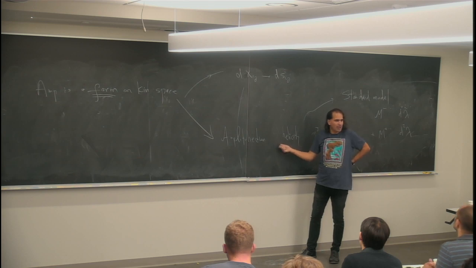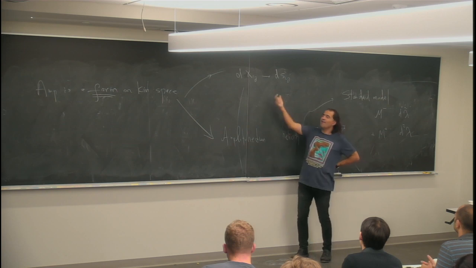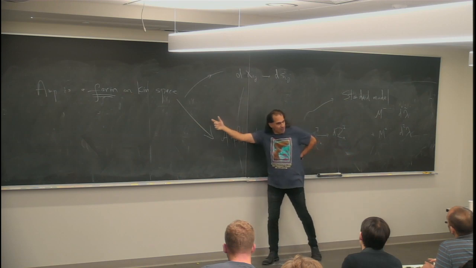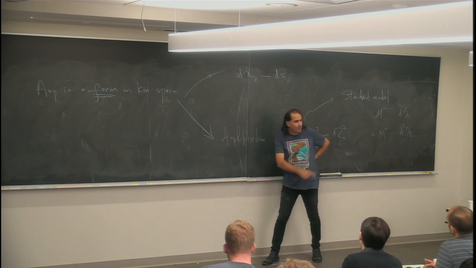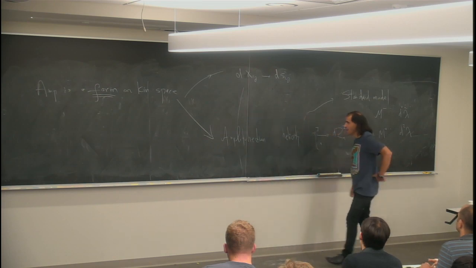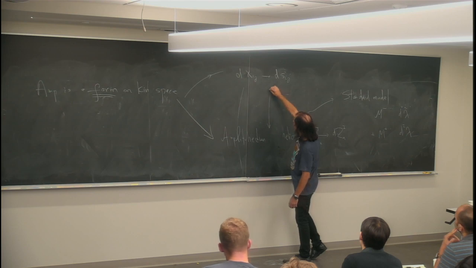We have this sort of strange embarrassment of riches: one way of making amplitudes into forms that keep track of helicity, and another way of making amplitudes into forms that actually keep track of color, even though I have not really talked about that because we've only talked about a single color ordering. So trying to find some way these things are related to each other is a very interesting question.